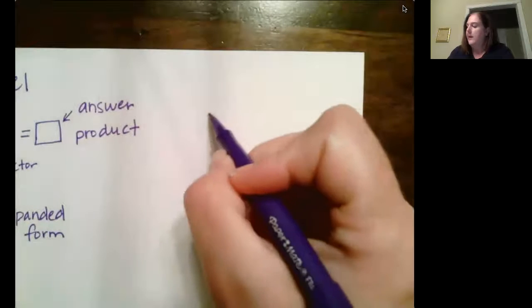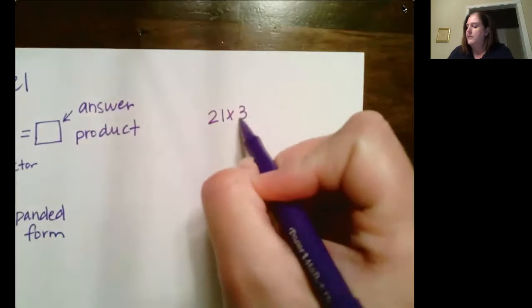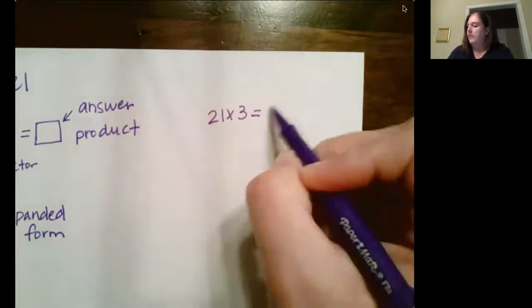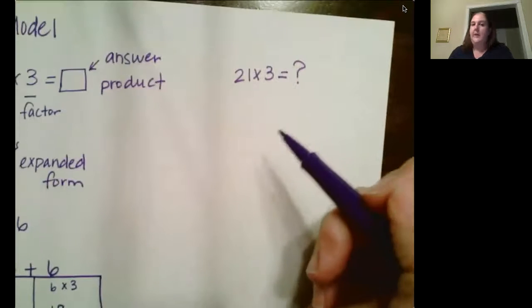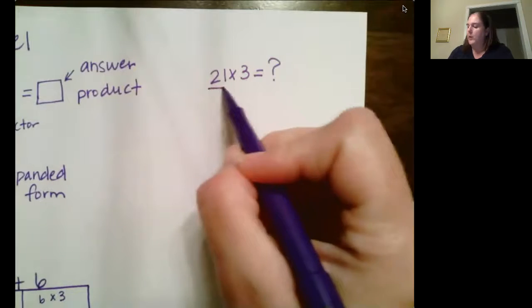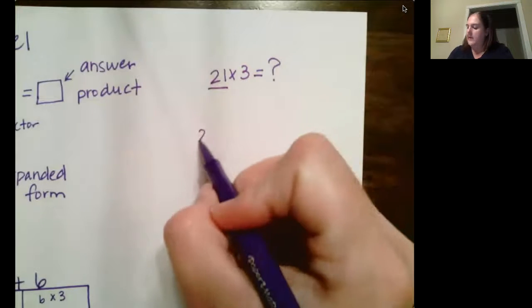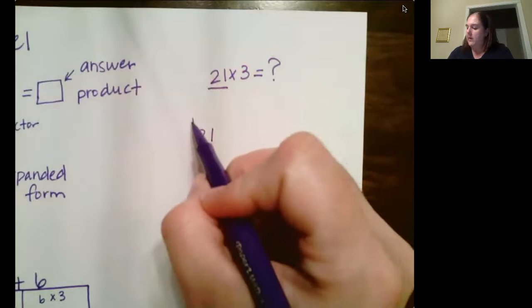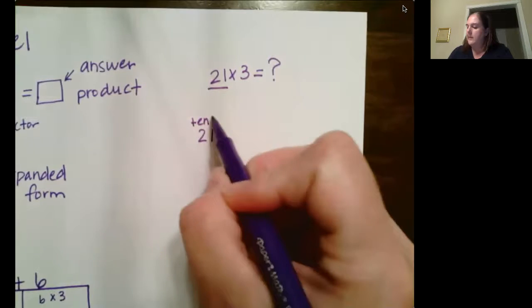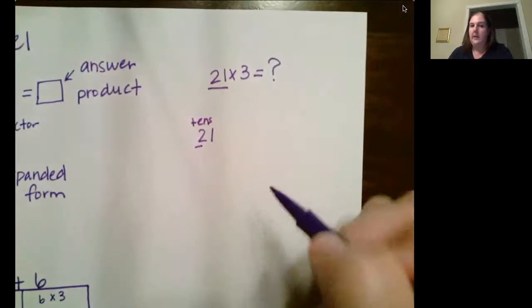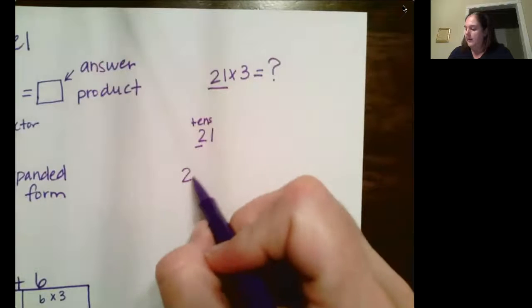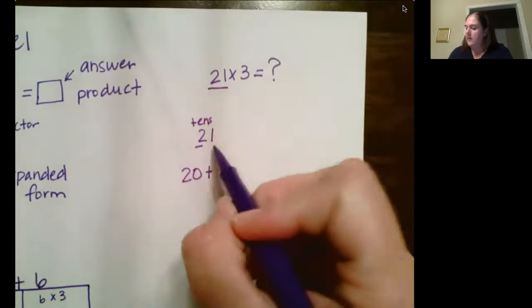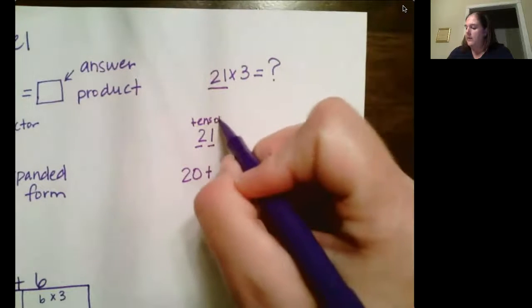Okay, let's do another example together. Let's multiply 21 times 3. The first thing we have to do is write it in expanded form. If I take 21, there's a 2 in the tens place, so 2 tens is 20, plus there's just a 1 in the ones place.